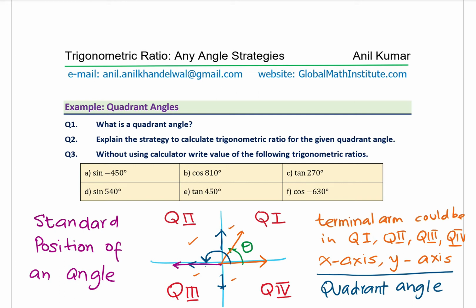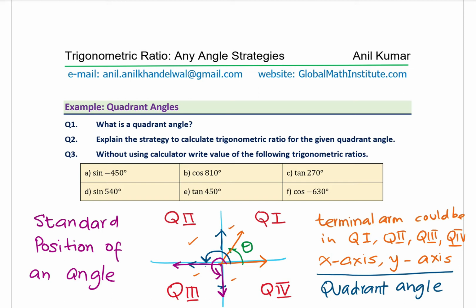Along the x-axis, right? If you are here for 270 degrees, then that is also a quadrant angle. Perfect. So these are the angles where the terminal arm is along the axis. It could be along x-axis or it could be along y-axis.